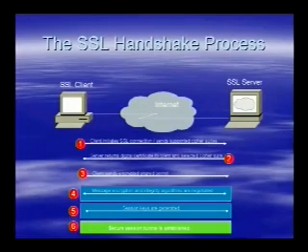And what SSL does, essentially, you have an SSL client and an SSL server. And the client will initiate the SSL connection and send a supported set of cipher suites. Now, cipher suites are essentially, okay, what algorithm do I use for confidentiality?